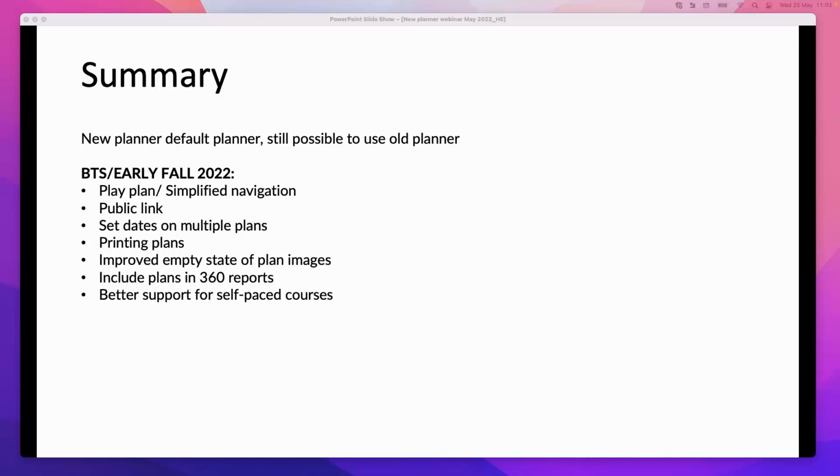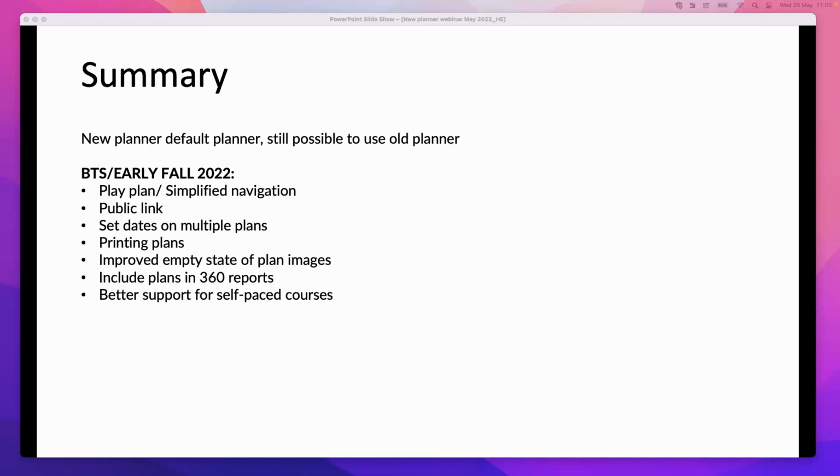So yes, new planner will be the default planner for back to school. But as I mentioned, this means that it will be the default planner when you create a new course. Then it will come with this new planner. But it is still possible to use the old planner. And there will be a release in June, and there will be another release by the end of August, early September.